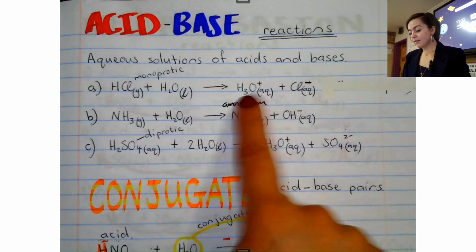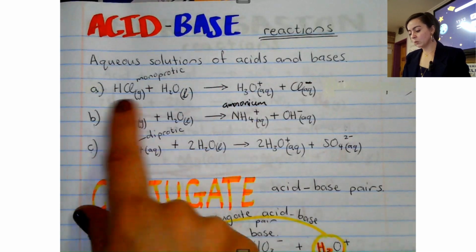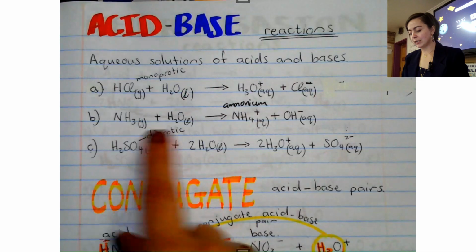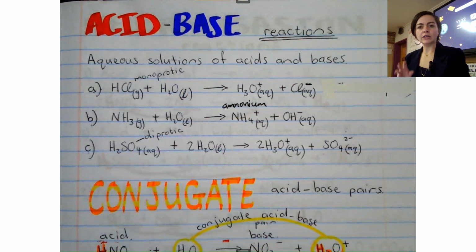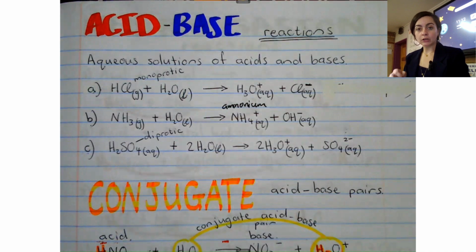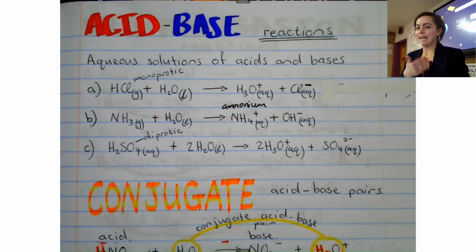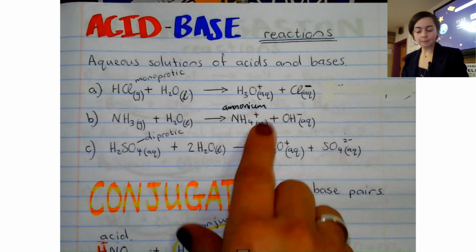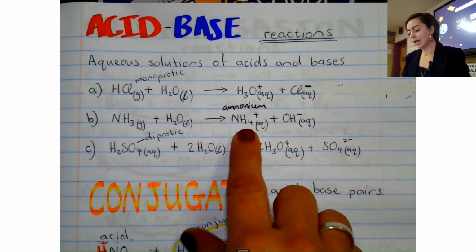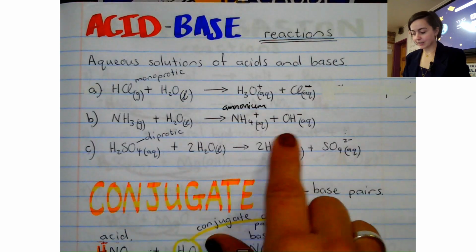All right. Then we've got ammonia, also as a gas, with H2O as our liquid. Again, remember with reactions, in most cases, it's only H2O that will be the liquid. The other ones, although they look like a liquid, are actually an aqueous solution. Then when it ionizes, it forms ammonium, which is NH4+, as well as hydroxide ions.